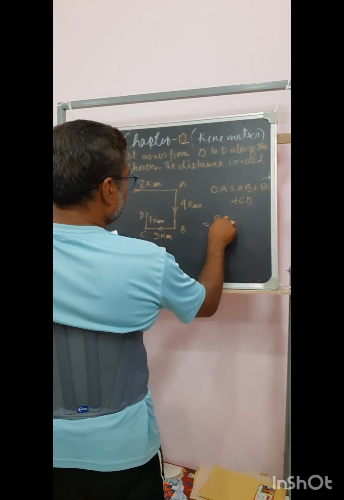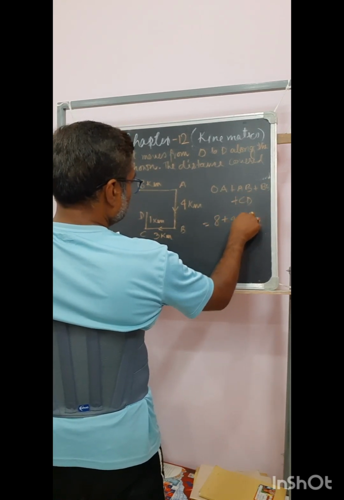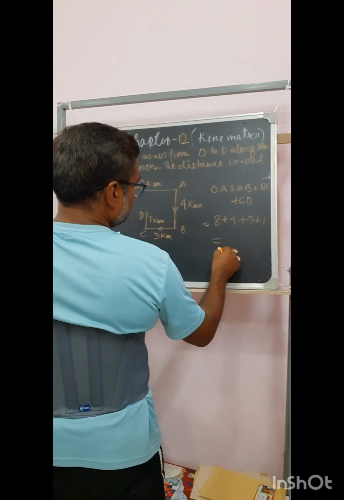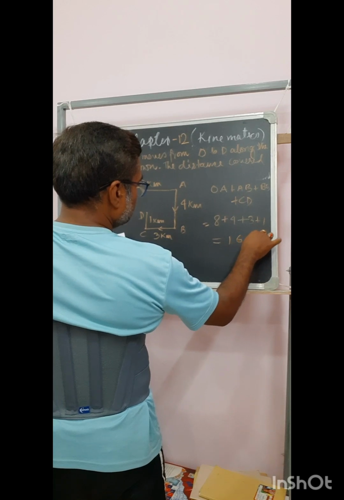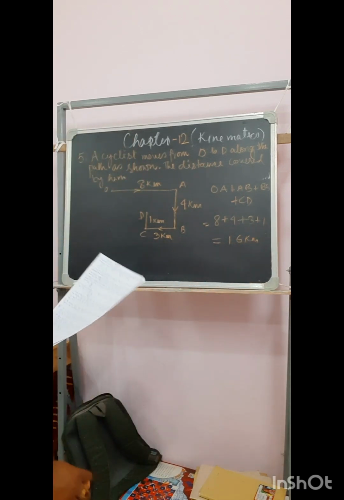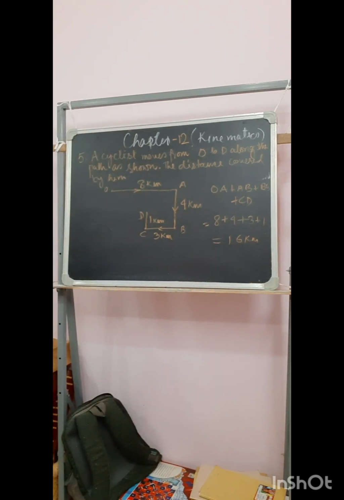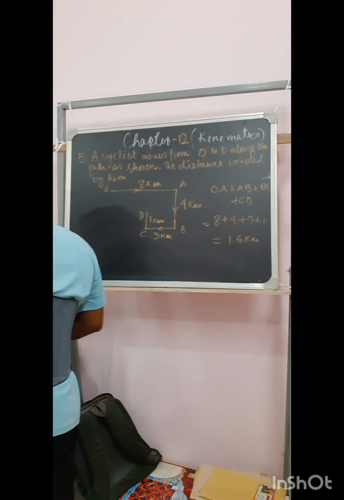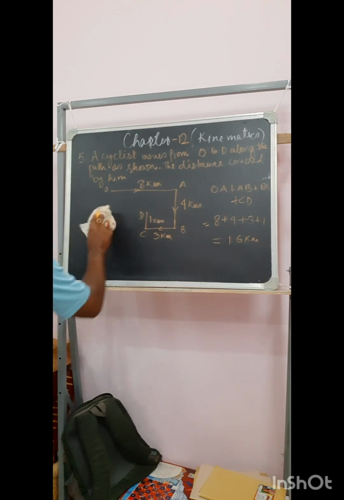If we add it all, we will get the result, 16 kilometers. So there is nothing much. It is a very simple problem that I am explaining, just to give a feel of how you do calculation of such problem.